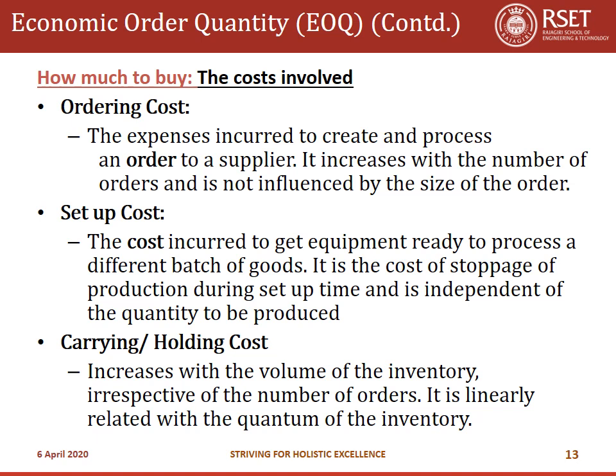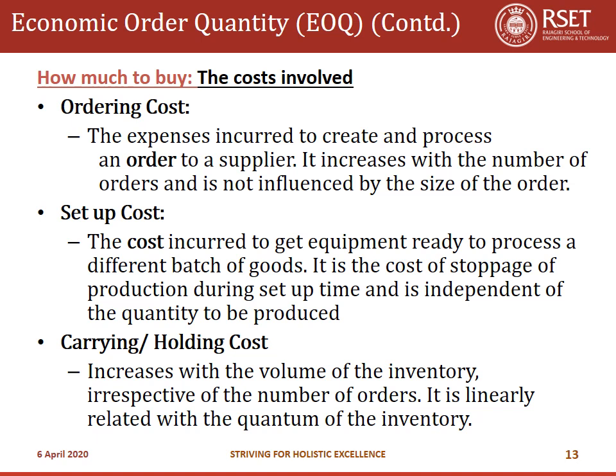But if you want to purchase 100 units and you are going to purchase it in units of 2, you would have 50 orders going through. So your ordering cost would be 50 times what it would be if you had ordered 100 all at once. So that is what is meant by ordering cost. It increases with every order.